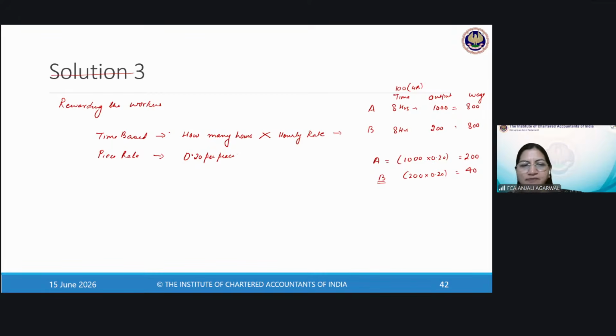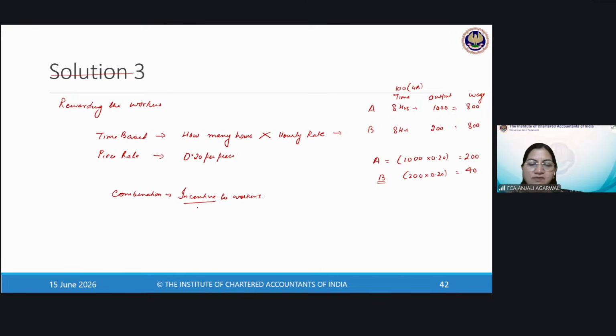And therefore we say we should now be having a method where a combination is used and the workers get some incentives also. So either use some combination or give some incentive to the workers so that they're motivated to work hard, whether they're based on time-based or piece rate.